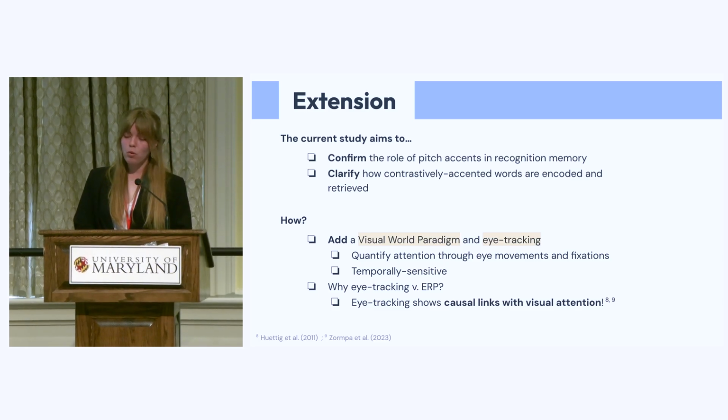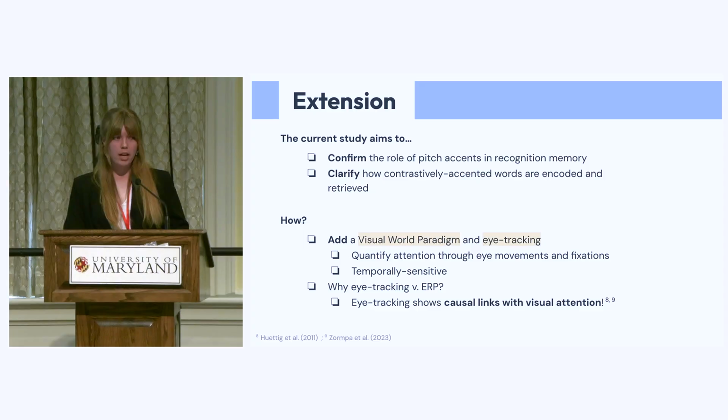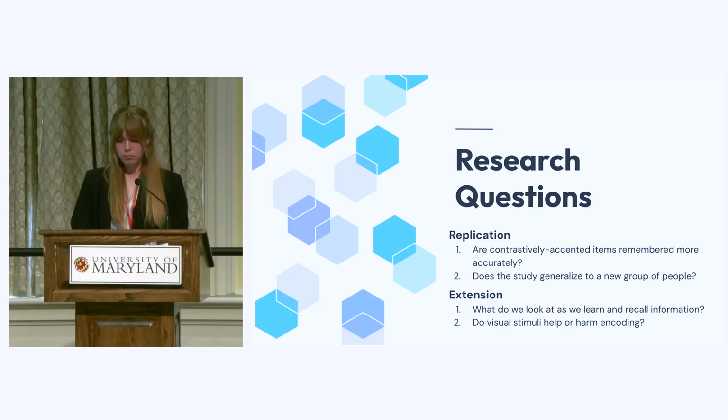Eye tracking within a visual world paradigm would allow our study to not only quantify attention in a more temporally sensitive manner through fixations, eye movements, etc., but more specifically, as opposed to some other methods, to show causal links with visual attention. So to recap, in terms of replication, we wanted to know if memory for contrastive accents was still benefited in a new group of participants.